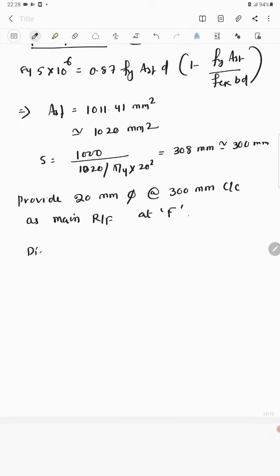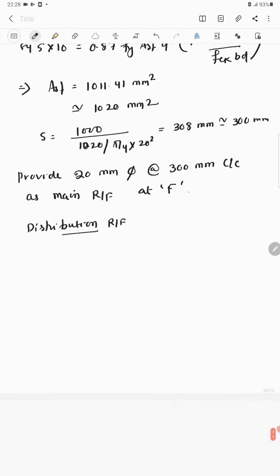Now come to the distribution reinforcement. This will be same as the previous. The minimum amount we have to provide is distribution reinforcement, that is 0.12% of b D. So this is 360 mm square.